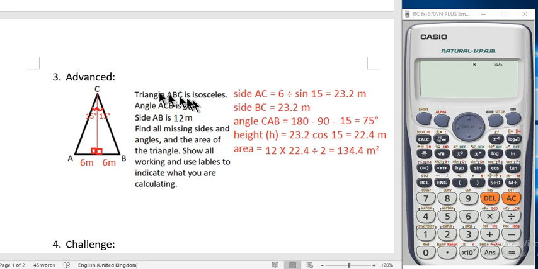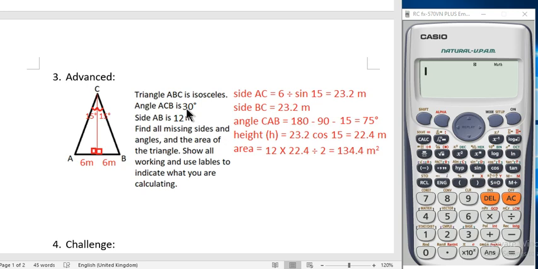Alright, so looking at the advanced question number 3. We're told that angle ACB is 30 degrees.